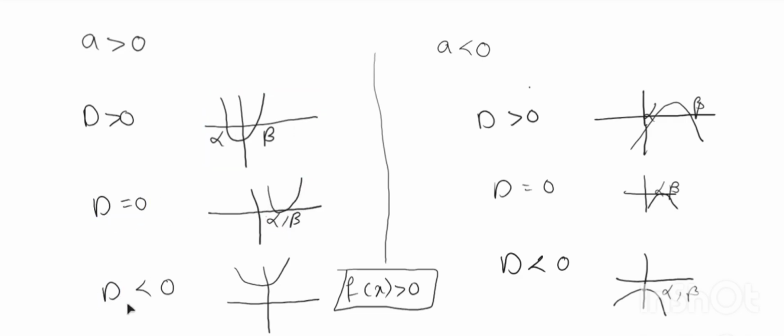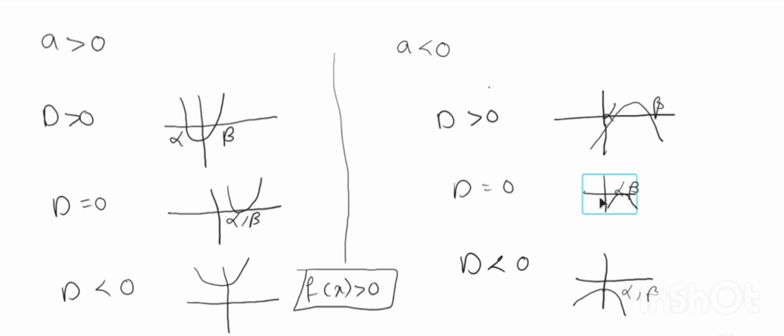And when the determinant is less than 0, the curve doesn't touch the x-axis. Likewise, for the downward case, if D is greater than 0, the curve is downwards and the roots are distinct. With D equal to 0, the roots are at the same place, and with D less than 0, the curve again doesn't touch the x-axis.